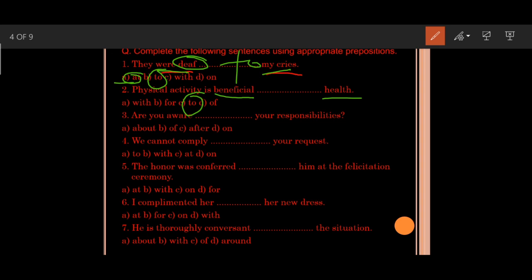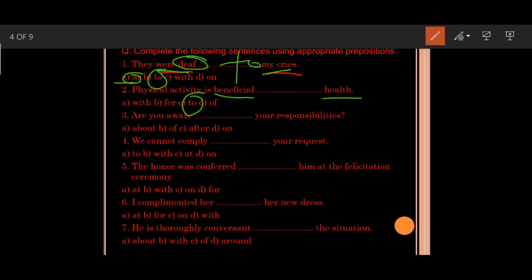When I'm saying black color complements your skin, that means we are using hair as a part of your body. When I say your hair looks nice, I mean just your hair. उसको मैं एक अलग से appreciation कर रहा हूँ. So at that time we use beneficial to health, not beneficial for health. So the examples I gave you are exactly the idea behind it.